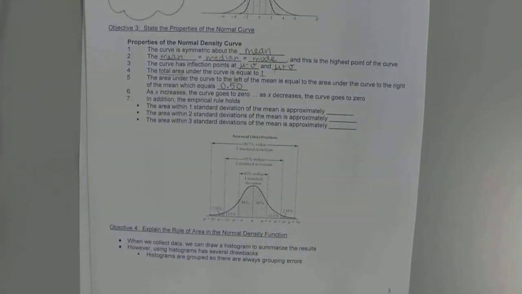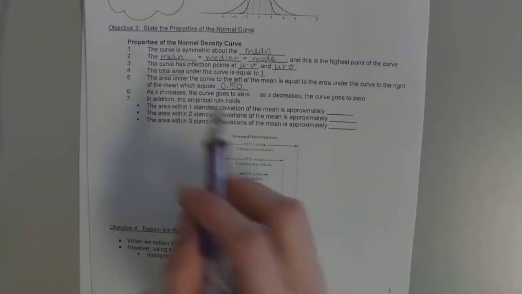You guys get that? We know the whole curve is 1, and it's symmetric. So if we split it right down the middle, the area to the left of the mean is 50%, the area to the right of the mean is 50%. And again, keep that in mind because that's like a little trick you can remember down the road. Like, oh, I don't even need to calculate it. I know that's 50%.